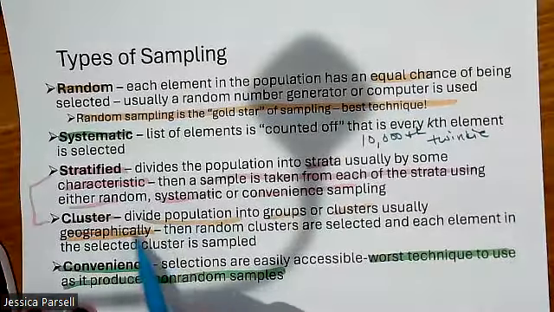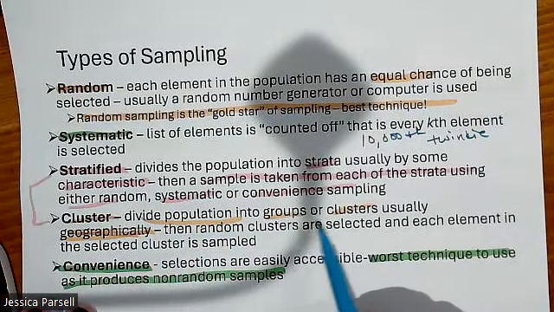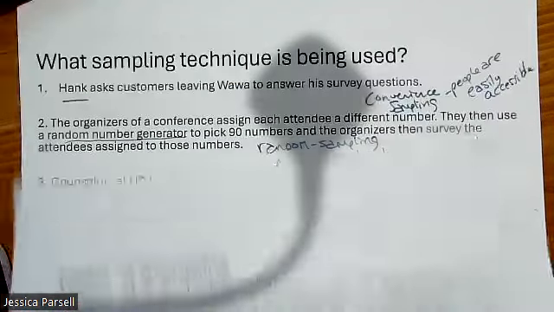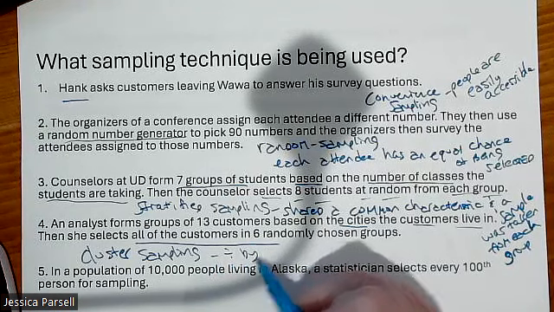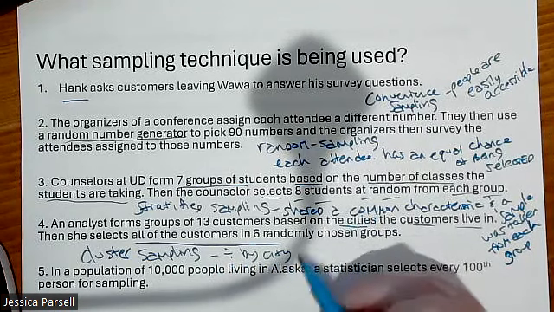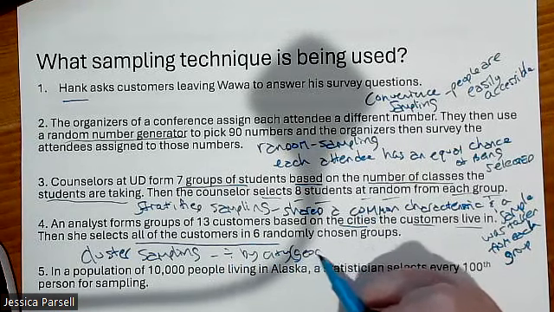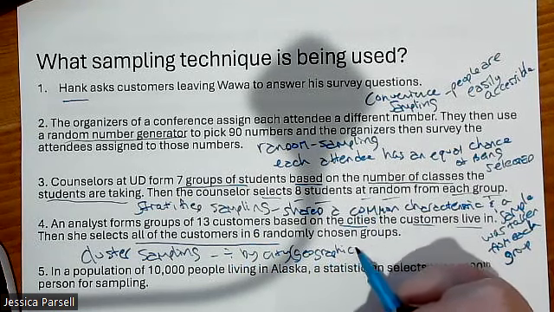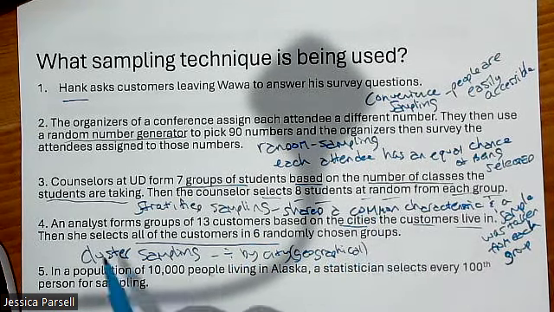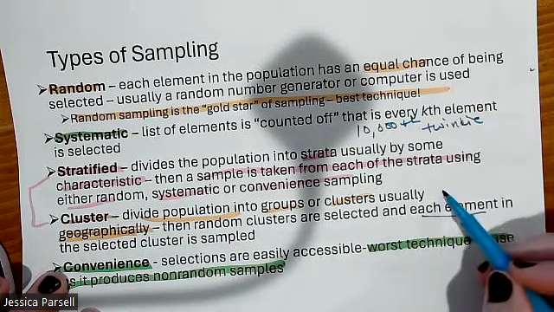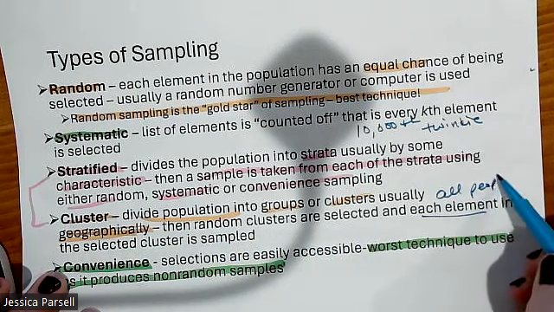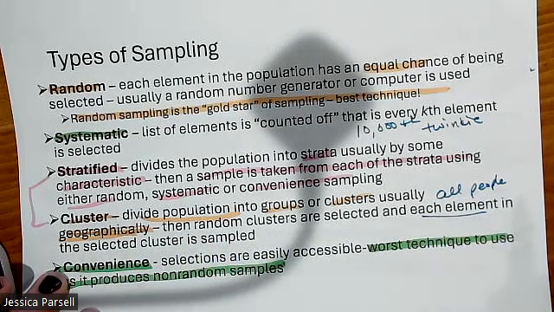If we go back to our cheat sheet here, cluster sampling usually divides populations into groups or clusters, usually geographically. So they divided by city, okay, which is geographical. That was our first hint. And then they select all of the customers. So if you notice with cluster, random clusters are selected and each element or all people in the selected cluster is sampled.